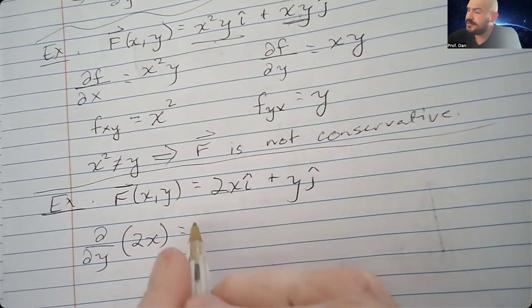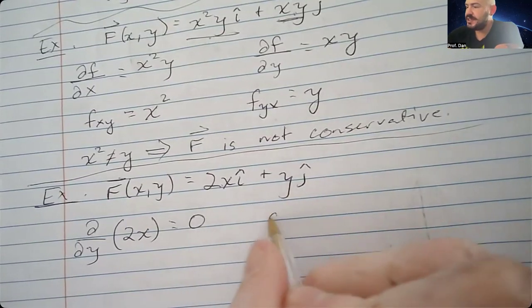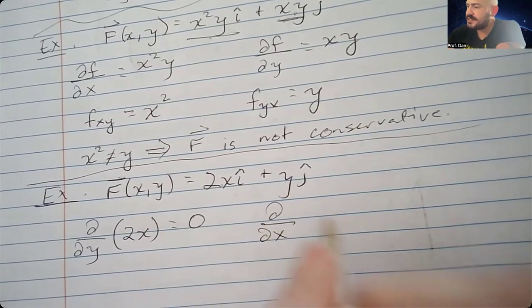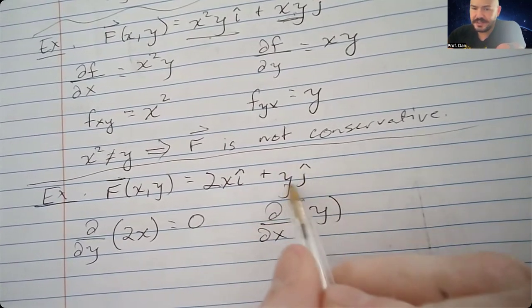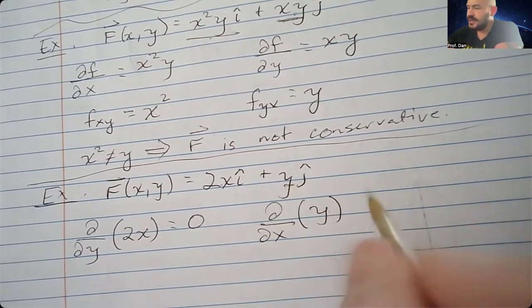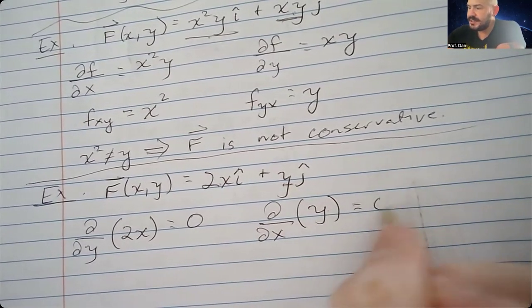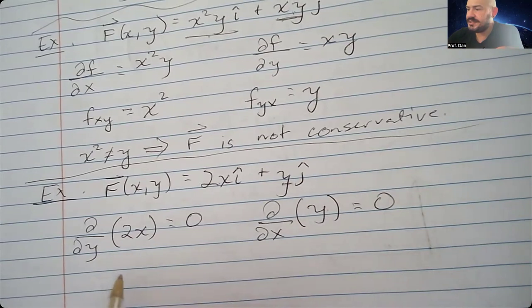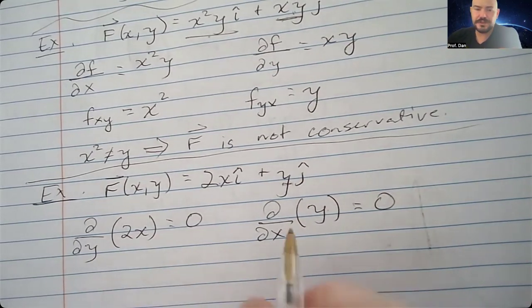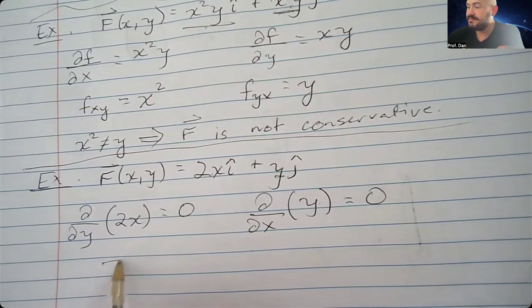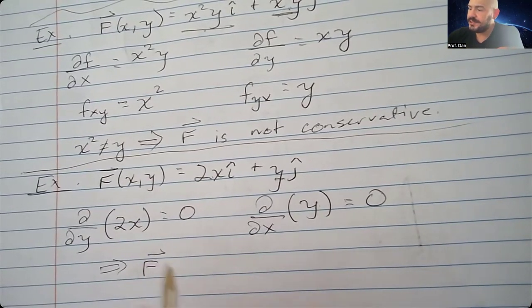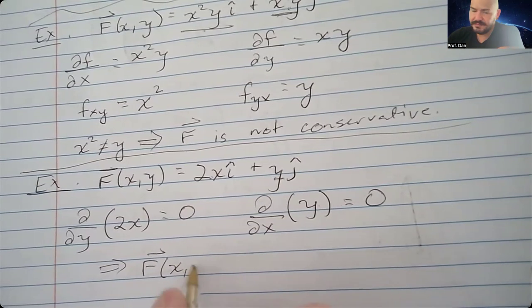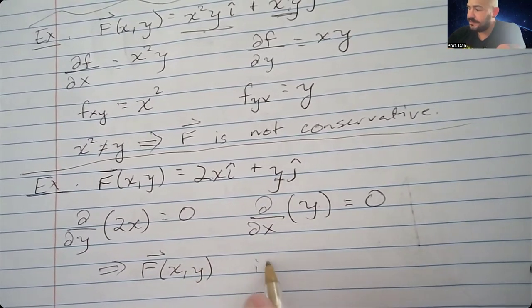For that, I get 0. And then I'm going to take the partial with respect to x of my y component. And with that, I get 0. Since these two partial derivatives are equivalent, that implies that the vector field F is conservative.